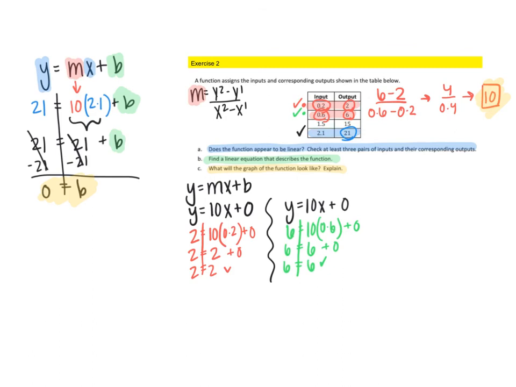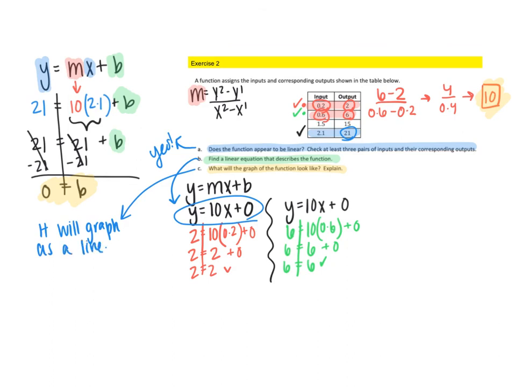So, is this linear? Yeah, it's a linear equation. We have our equation written out, right? We can say yes, it is linear. And then we want to describe what this graph looks like. So the graph will be a line. Right?